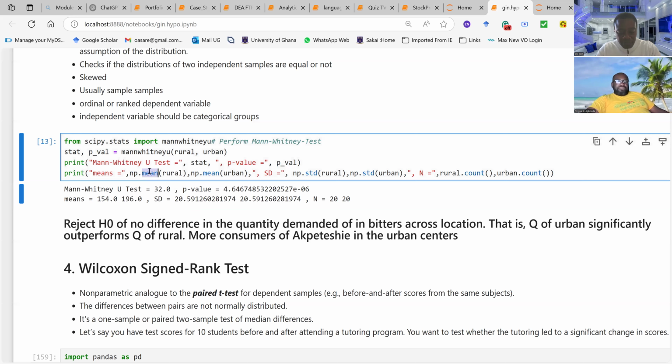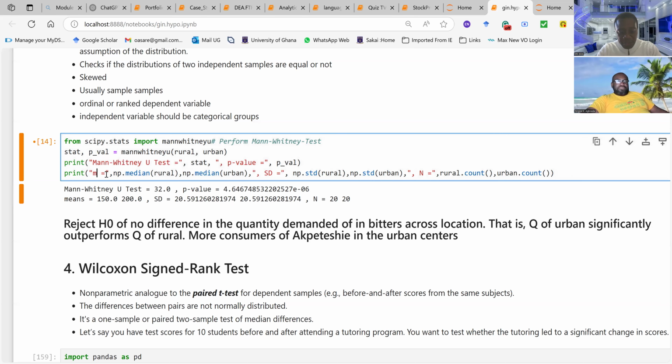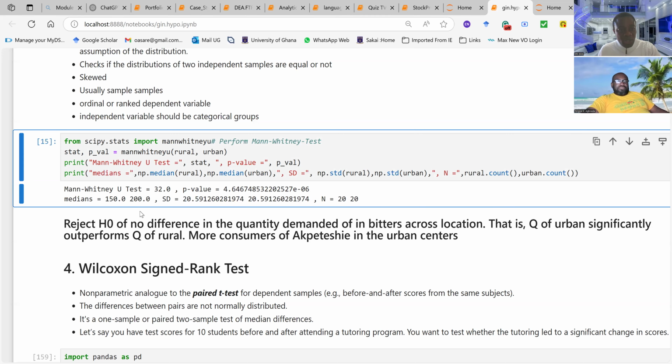Let's check the median. Sorry, let me write median. So you can see that the medians are not the same as the means.